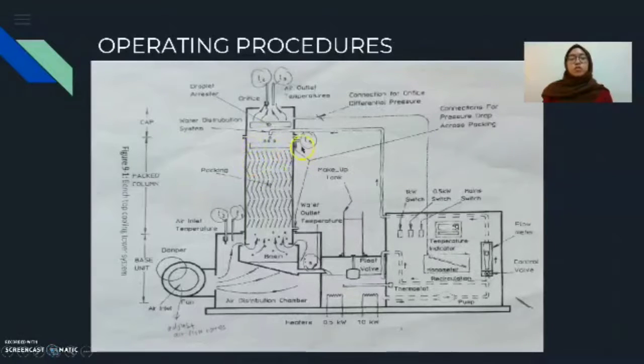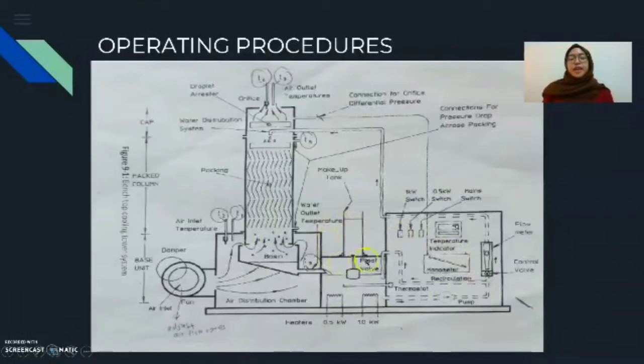As the water flows downward into the bottom of the packing column, the water will be cooled as a result of evaporation. The water from the bottom of the packing column will then go into the basin, flow past the thermocouple and go back into the load tank so that it can be reheated for recirculation.